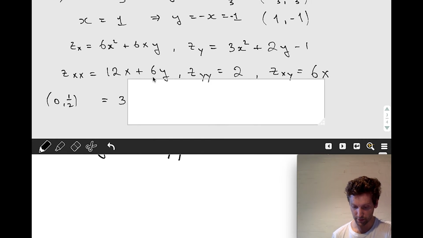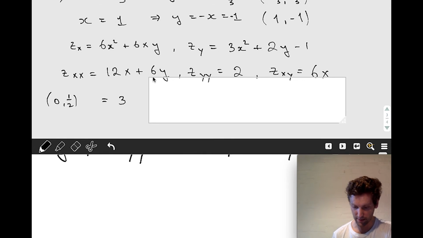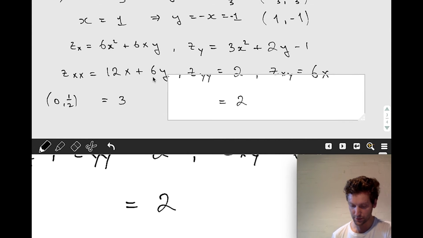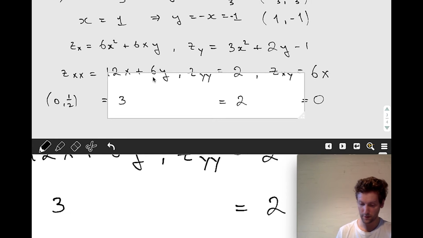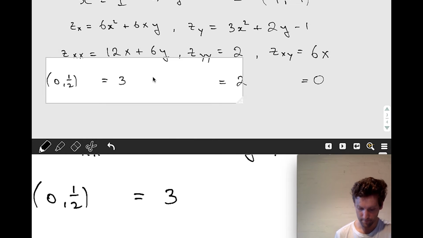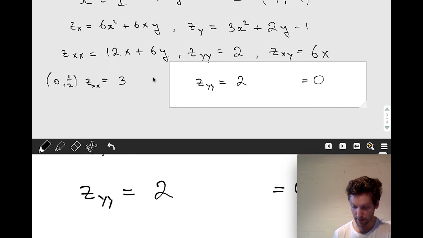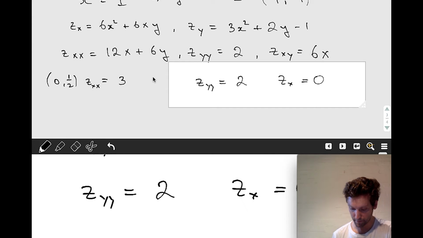The second derivative with respect to y, well, that's the same. It's just going to be equal to 2. And the mixed derivative, 6 times x, well, x is equal to 0, so this is equal to 0. So those are our second derivative with respect to x, second derivative with respect to y, and the mixed derivative.